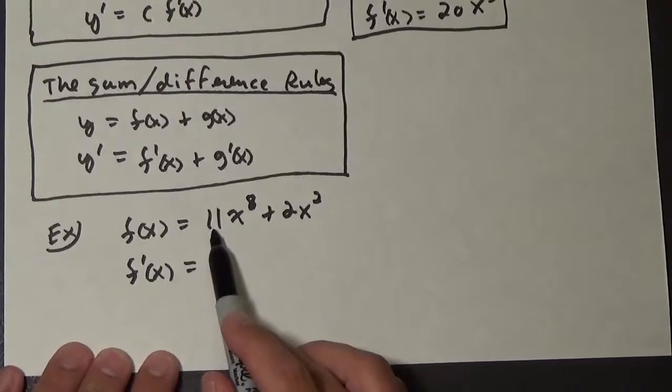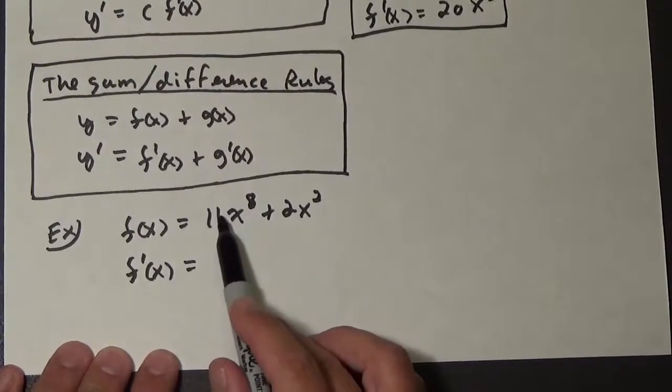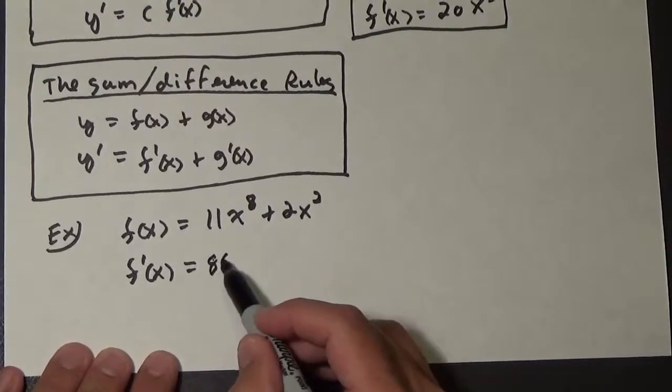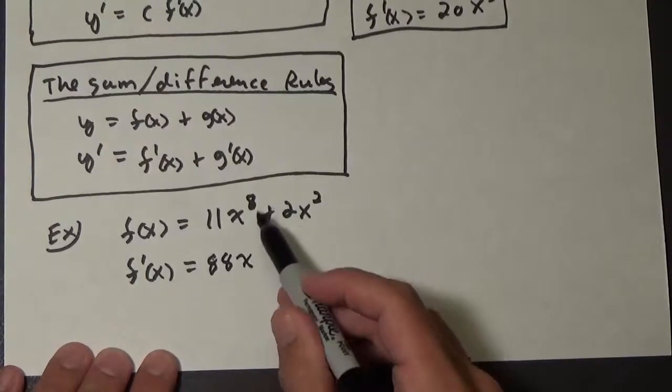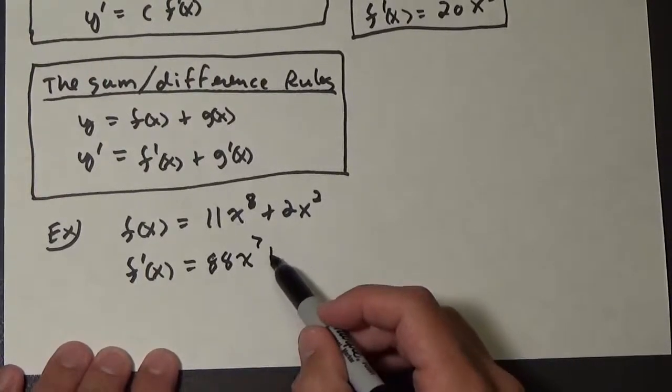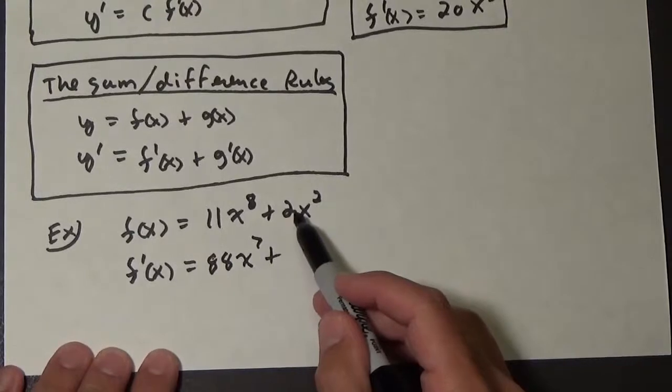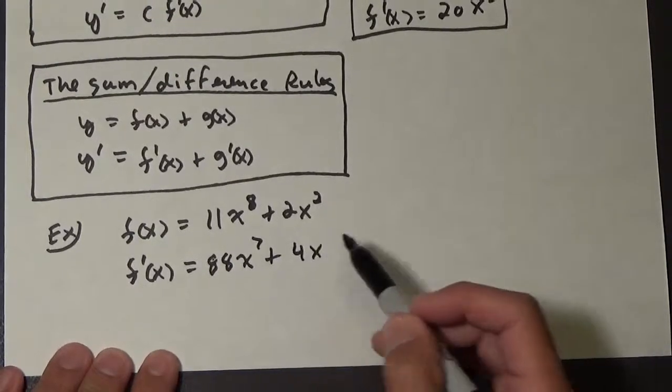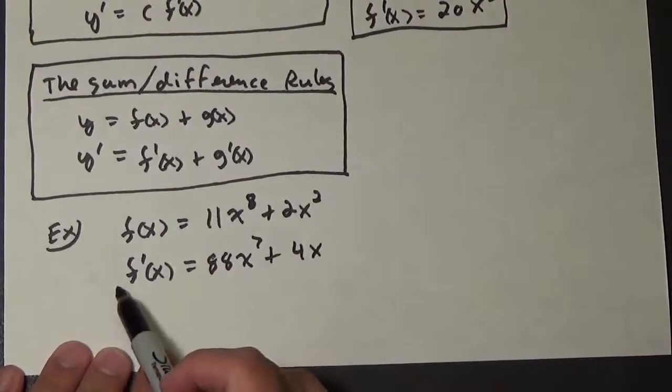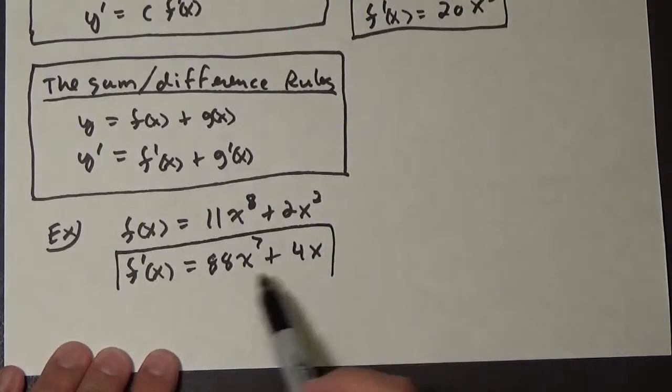So the derivative of 11x to the 8th, well, you bring down the 8, so 11 times 8 is 88x, and then we subtract 1, x to the 7th. And then here we bring down the 2, 2 times 2 is 4, x to the 1st. And there would be our derivative.